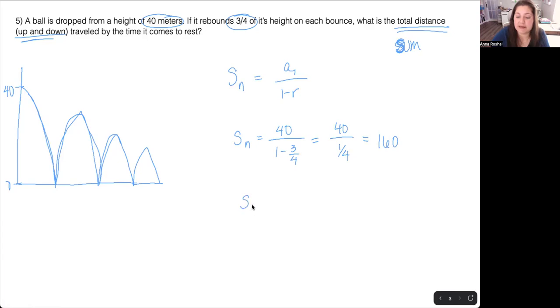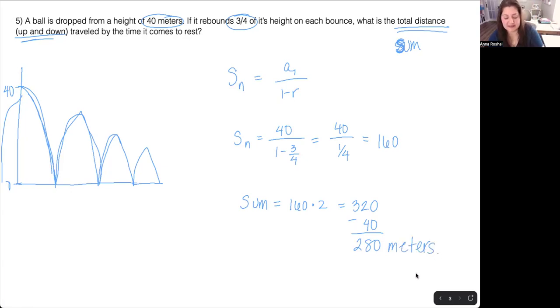So my sum of all of that is going to be 160 times 2, which is, why can't I think of math? 320. Minus the original 40 because we don't need to go up and then down. We're just going down straight away, which is 280. So really the ball has traveled 280 meters.